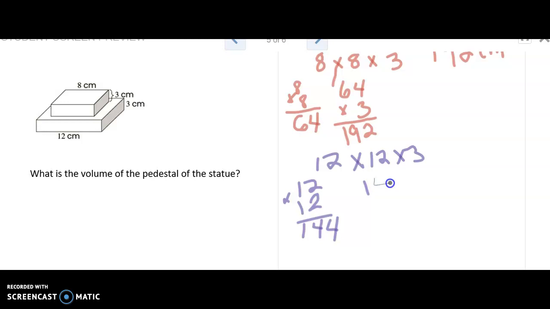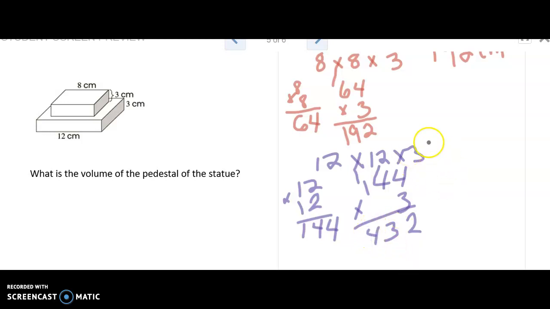And then I take 144 and multiply it times 3. Now this one I don't know off the top of my head, so I've got to go through all the steps. 3 times 4 is 12, carry my 1. 3 times 4 is 12, plus that 1 is 13, carry my 1. 3 times 1 is 3, plus my 1 is 4.